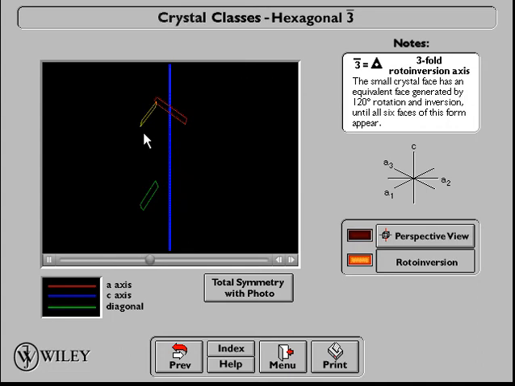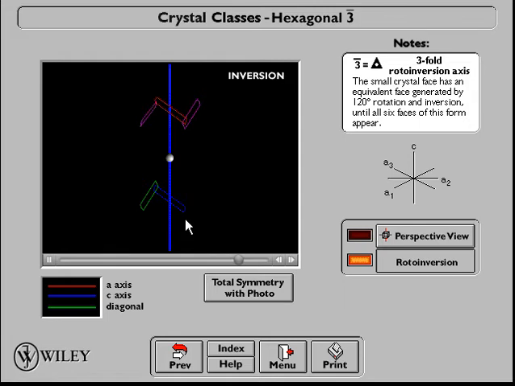Now again the 120-degree rotation, followed by the inversion through the center of symmetry. And another 120-degree rotation.